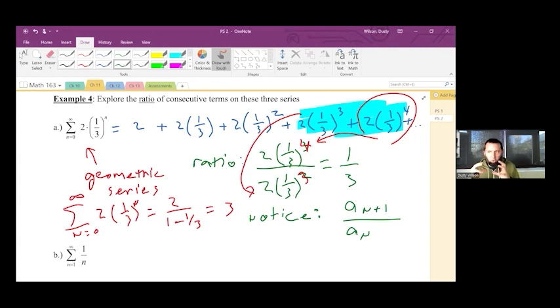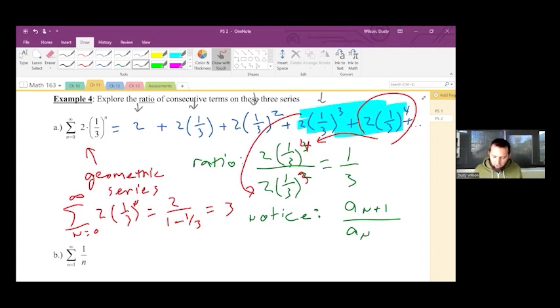So a_n is the whole term. In this particular case, a_0 would be 2, a_1 would be 2 times a third, a_2 would be 2 times a third squared, a_3 would be 2 times a third cubed, etc., etc.